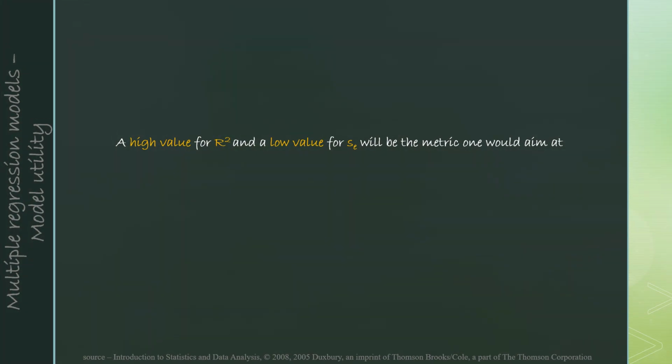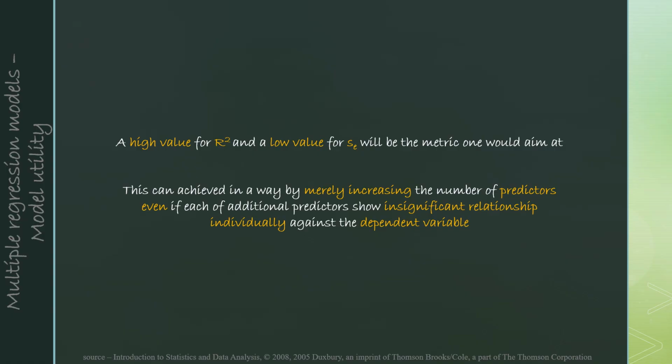A high value for R square and a low value for SE will be the metric one would aim at. This can be achieved in a way by merely increasing the number of predictors, even if each of the additional predictors show insignificant relationship individually against the dependent variable.